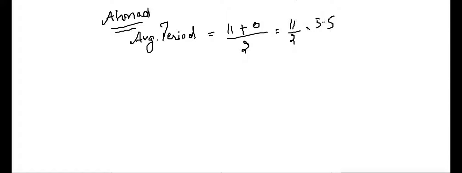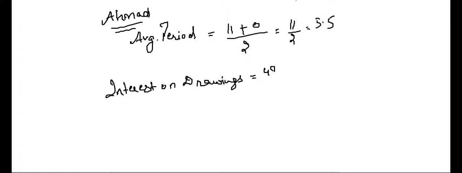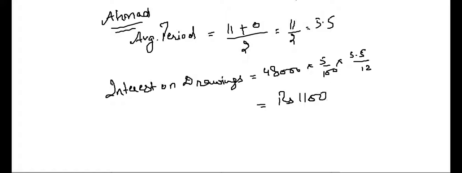This comes to 5.5. Now what will be the interest on drawings? Interest on drawings will be 48,000 into 5% for 5.5 months. This comes to rupees 1100.